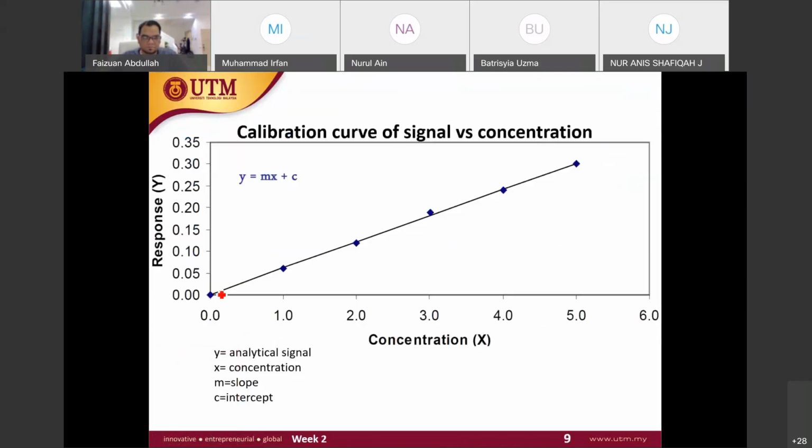The intercept is now zero, because we prepare the first concentration as 1, for example in ppm. In the calibration plot, we assume that zero signal represents zero concentration.